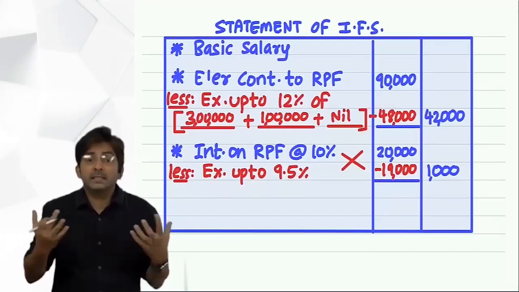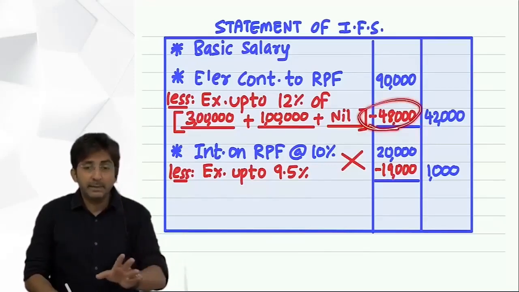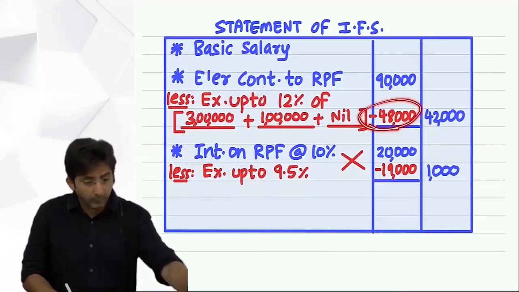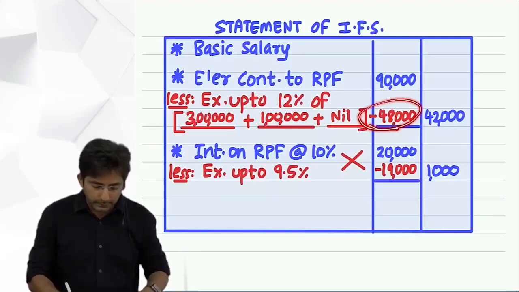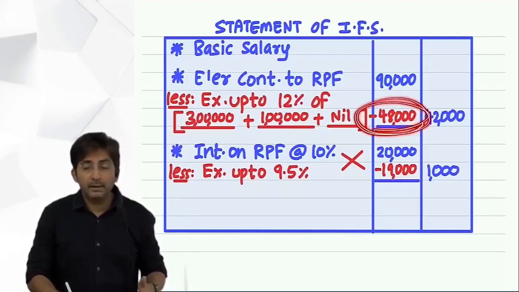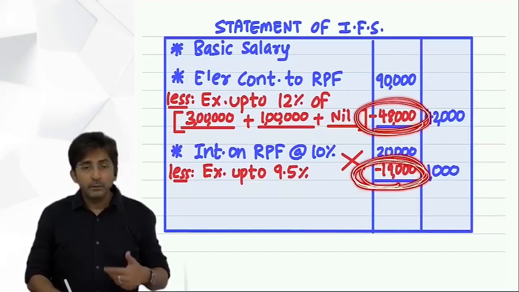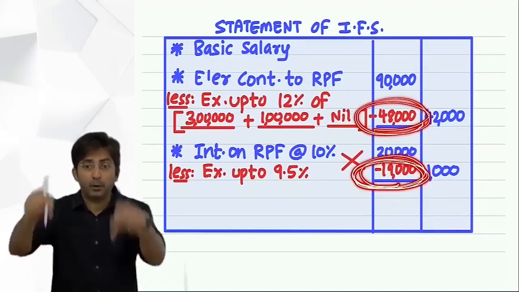First they generously give the exemption, okay, 48,000 exempt. This way they gave us exemption for 3 years. Now these 3 years total will be withdrawn back. So what is the total of 3 years? 48,000 into 3 is 1,44,000. And 19,000 into 3 years is 57,000. So all this amount will become taxable in the fourth year.